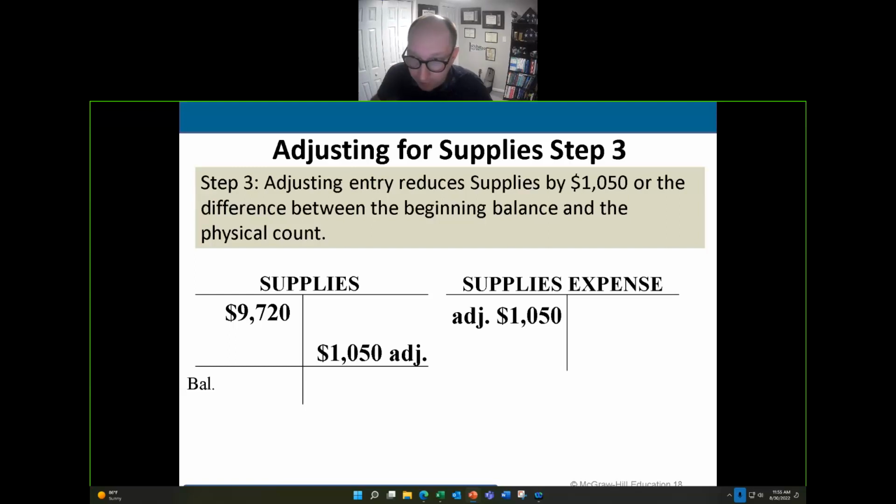It could all be consumed throughout the year, sporadically, right, based off of sales. So typically with something like supplies, we record the adjusting entry at the end of the year or whenever I do my physical count for inventory.